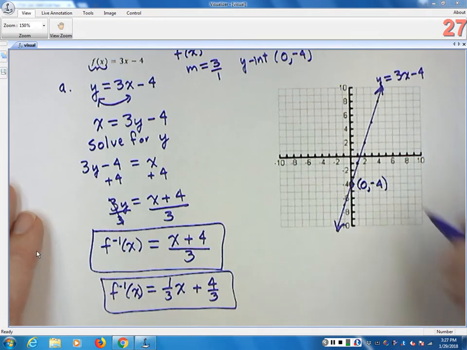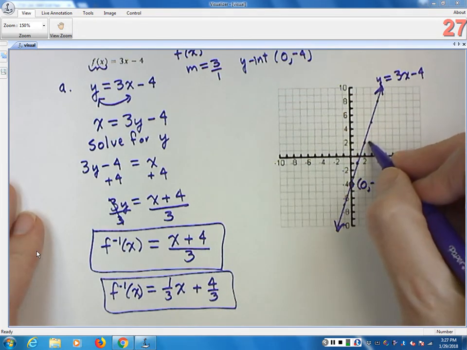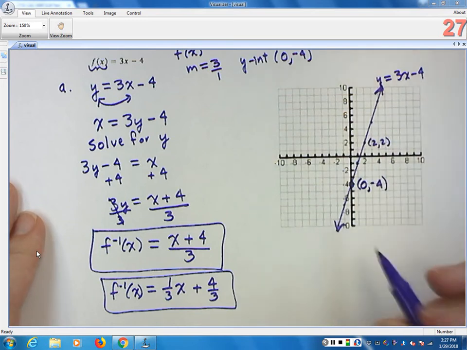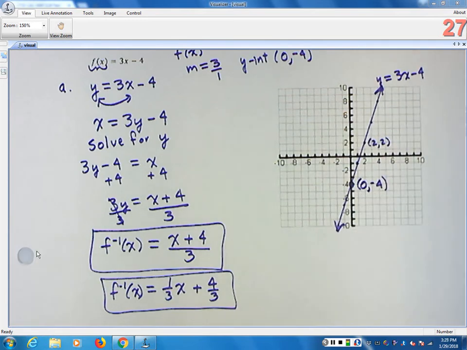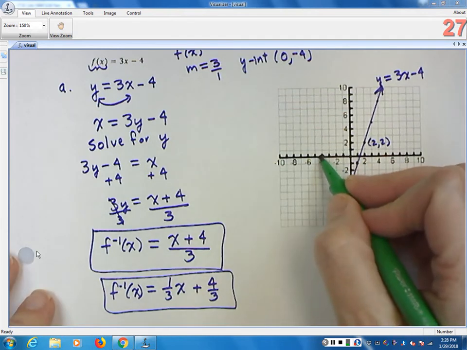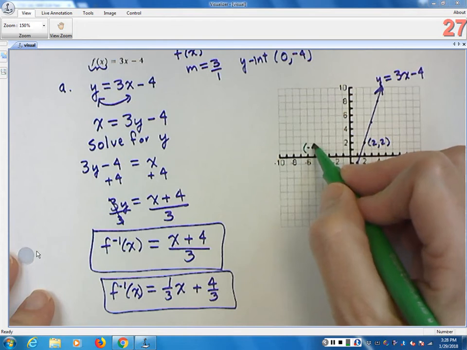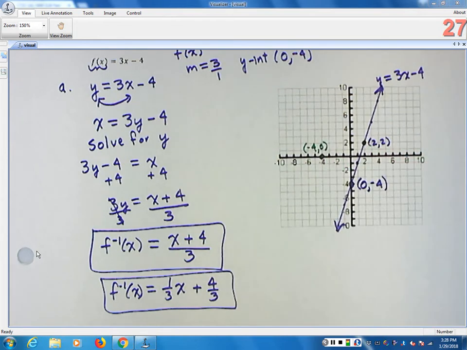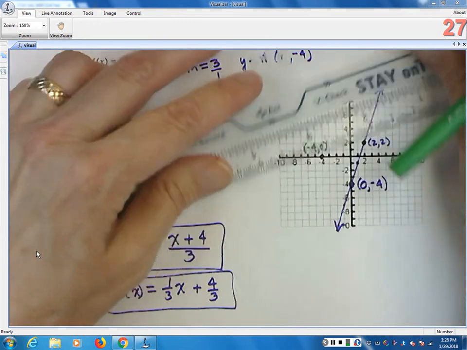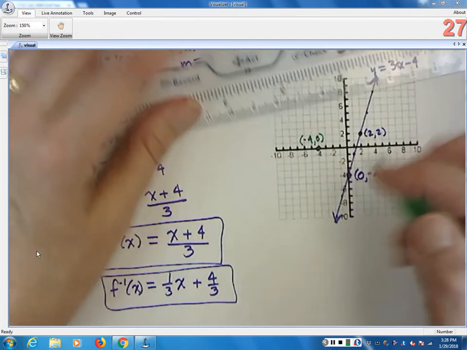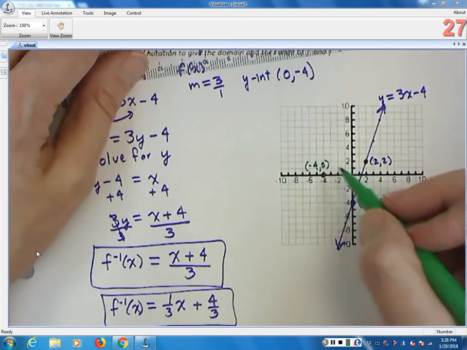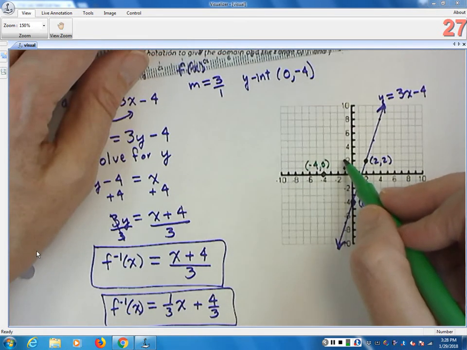So we're just going to notice that it goes through 2, 2, and switch these around. So 0, -4, and I'll do it in green, becomes -4, 0. And 2, 2 switched around is still 2, 2. And we can do more points if you want, but 2 points. And the slope is go up 1, right 3, up 1, right 3, up 1, right 3.